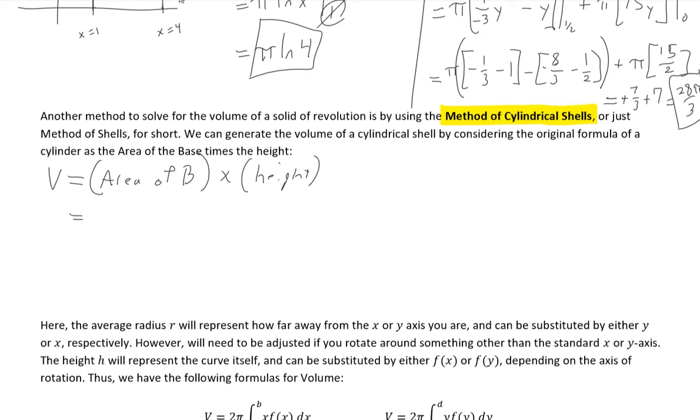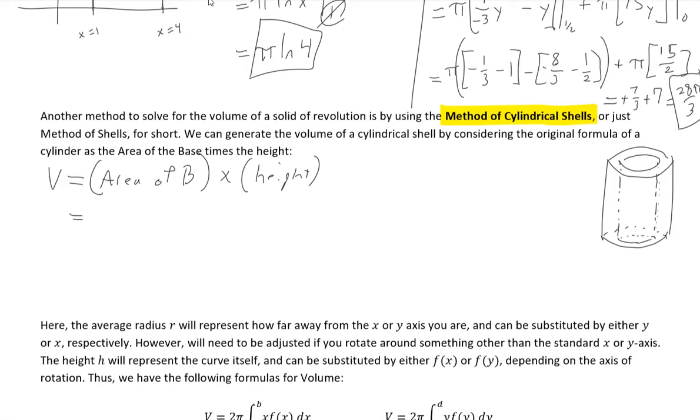Well, we know how to find the area of the base of a cylinder. If I think about a cylinder like this, like so. If I try to make a cylindrical shell, that means that I don't have the full cylinder. I'm actually cutting out a piece of it. Cutting out this piece. And so when I'm trying to consider the area of the base, well, this looks like a washer to me.